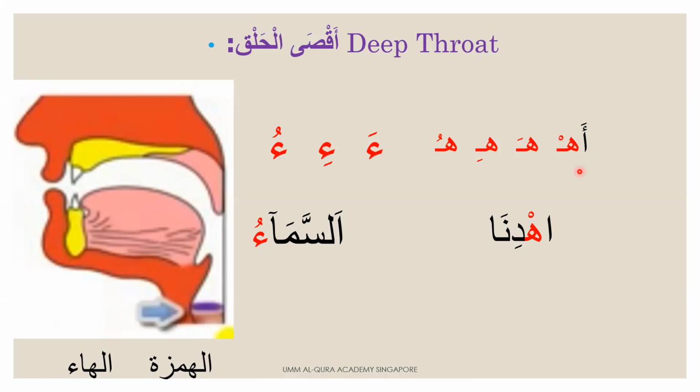For this ha, you must let the air travel down through your throat, and you should feel the air going to the bottom of the throat, and the sound is produced: ha, ihdina. There shouldn't be too much sound produced for this ha.